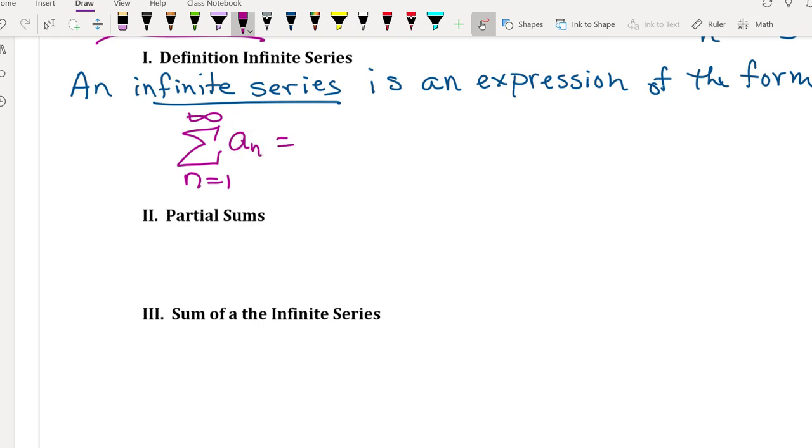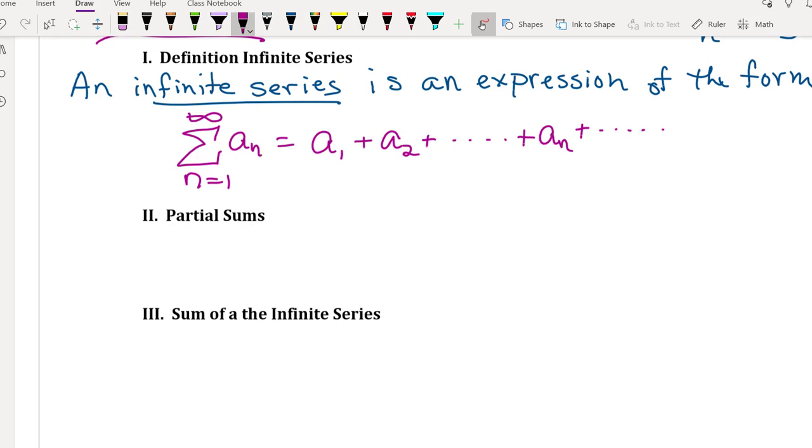What this is telling us is we're going to sum the terms, but there's no last term because it's an infinite series. It's going to keep going on and on. Even after you get to an nth term, you're still going to go on even more.